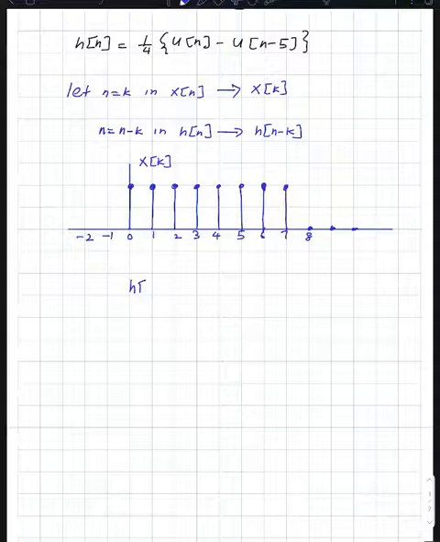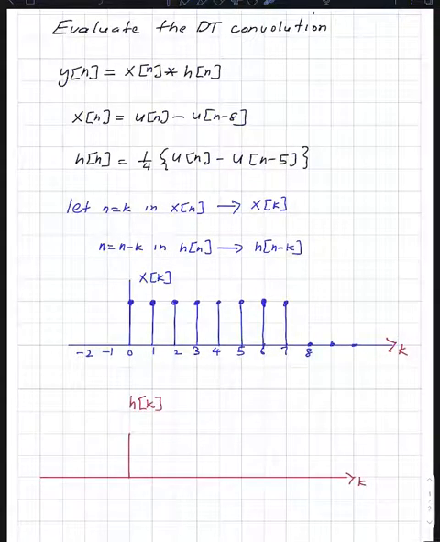It will be much easier if you plot h[k] first. Plotting x[k] is very easy. You just replace the n with k and use the step function, u[n] minus u[n minus 8]. It's the same as u[k] minus u[k minus 8], and that's going to give you this. The step function starts when k equals 0 and ends at k equals 7.